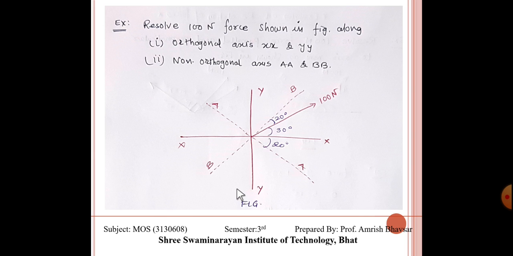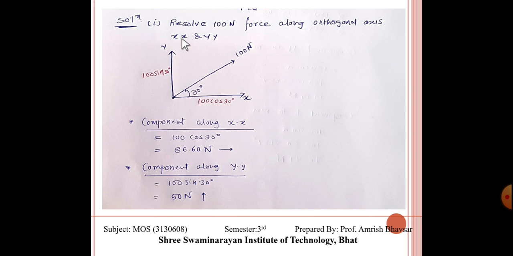But for the non-orthogonal axes, this is our AA axis and this is our BB axis. So this 100 Newton force must be resolved along the AA axis as P, and here it is Q, that we have to find out. First, resolve the 100 Newton force along the orthogonal axes, XX and YY.